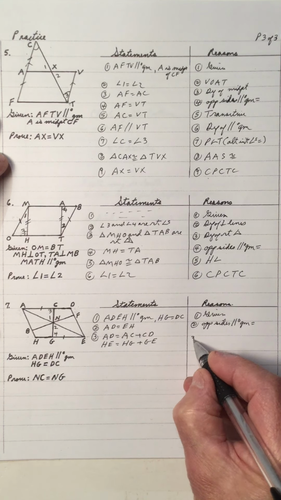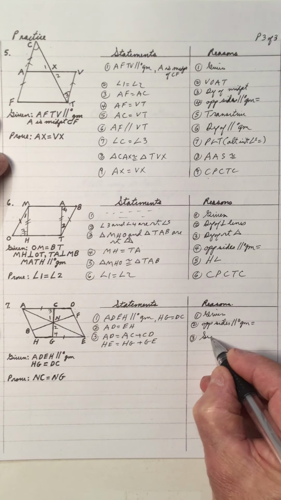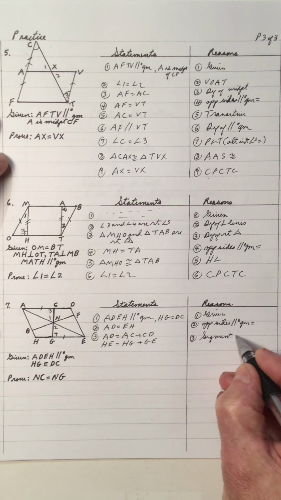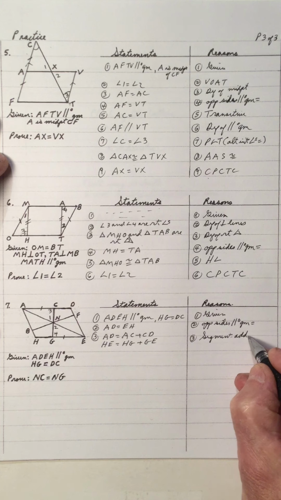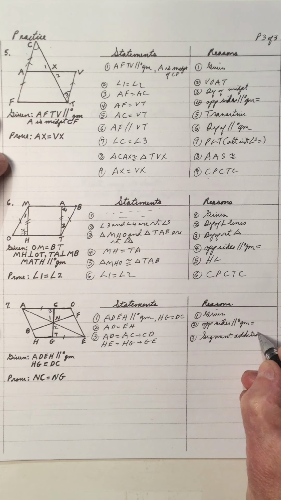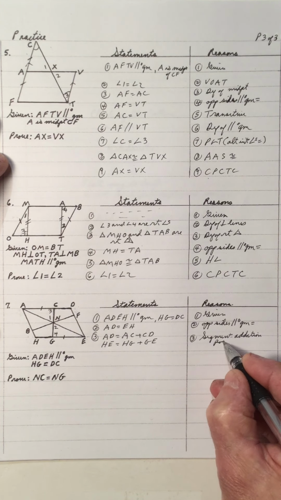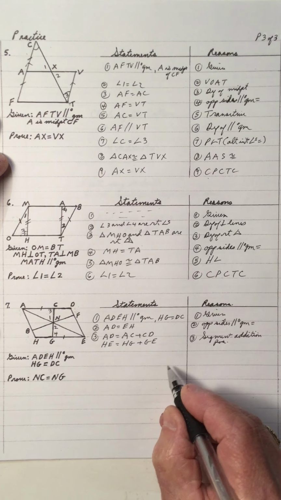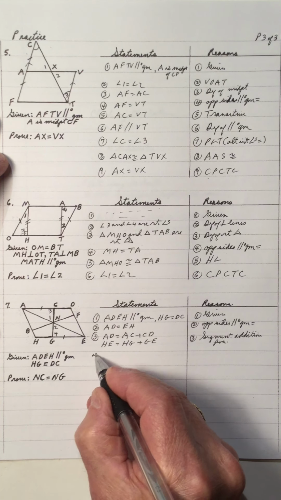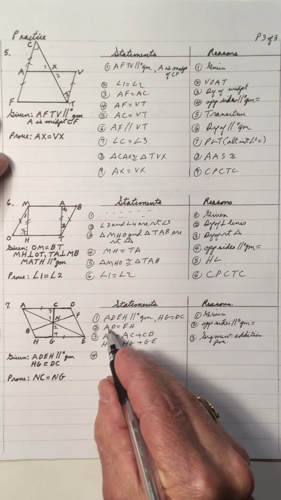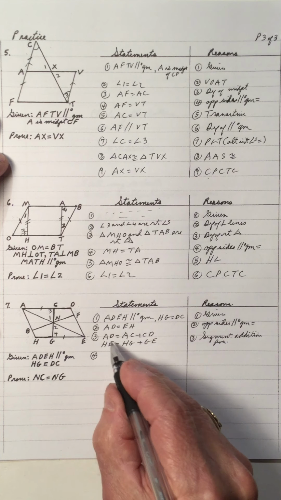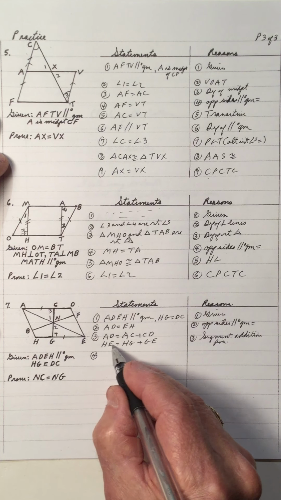That's the segment addition postulate or property, and as a result we have AD equals EH. AD and EH or HE.